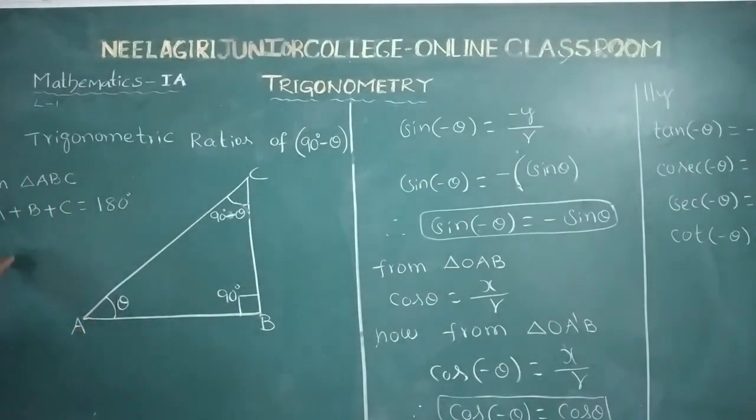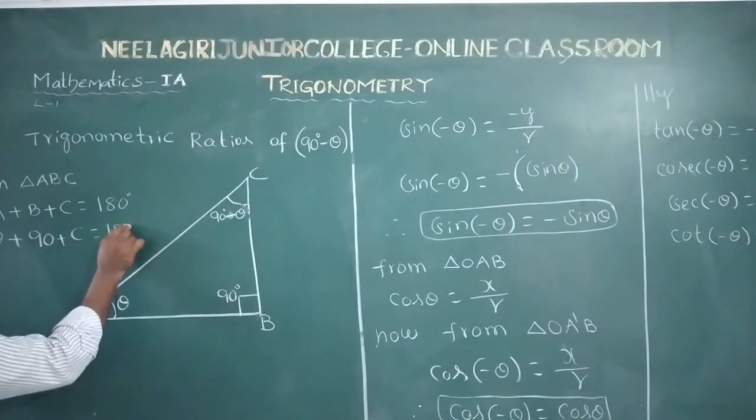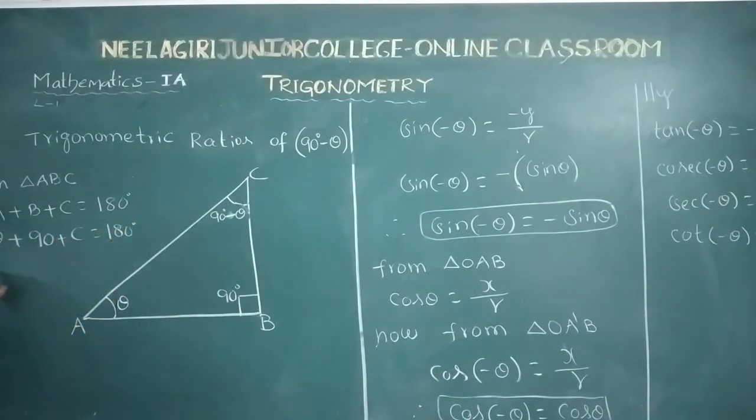At angle A, theta plus 90 plus C equals 180. What will come here? Angle C equals 90 minus theta, when these two values are transposed to the right side.